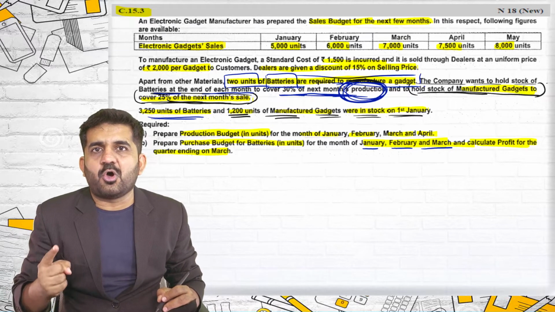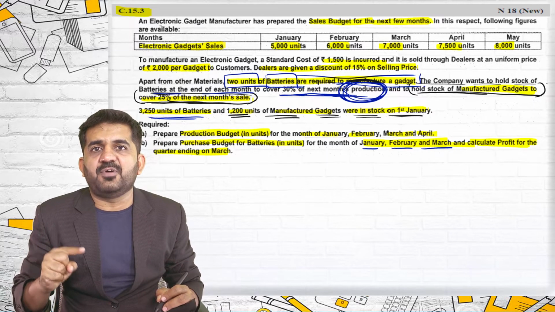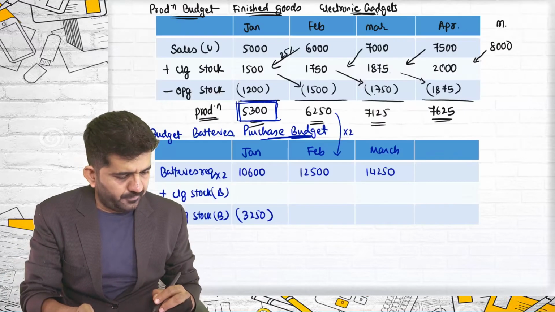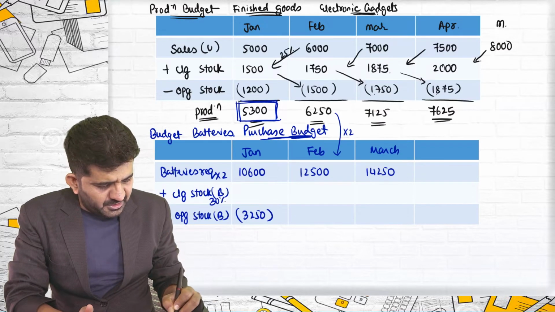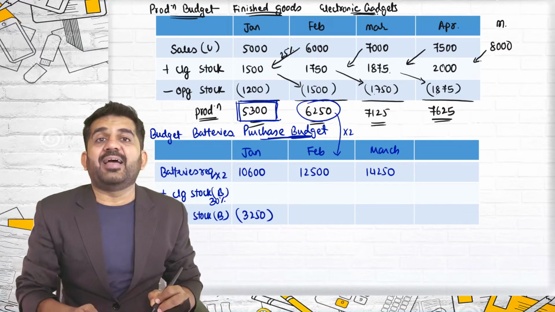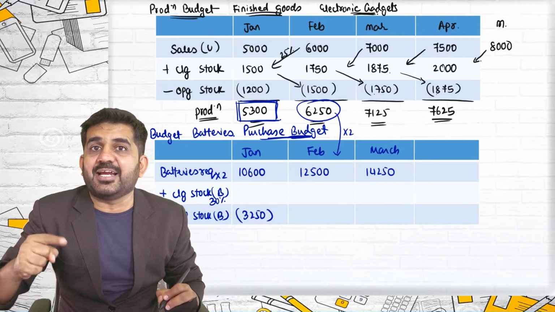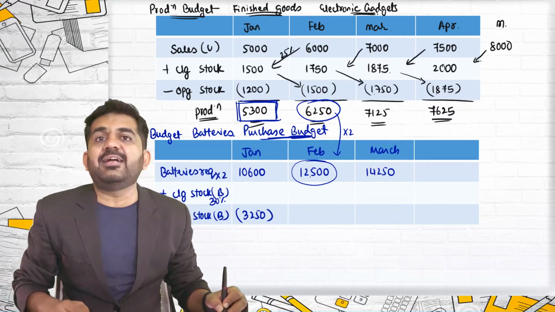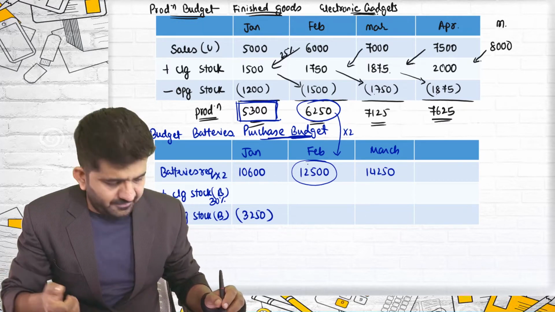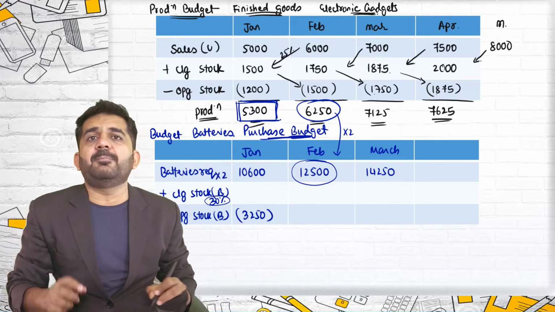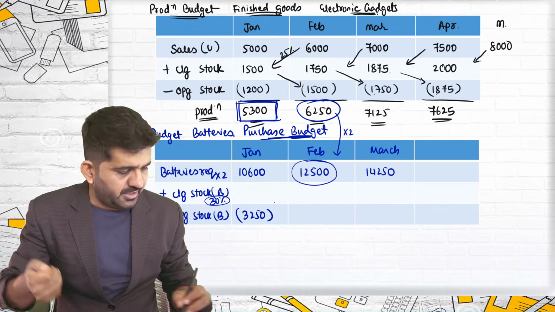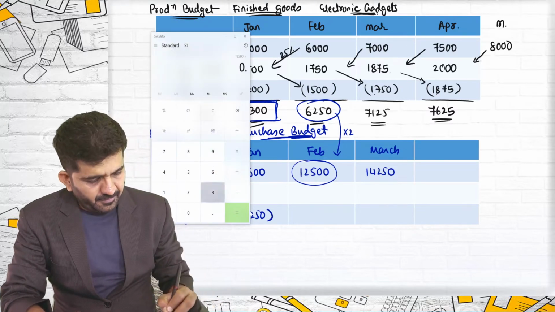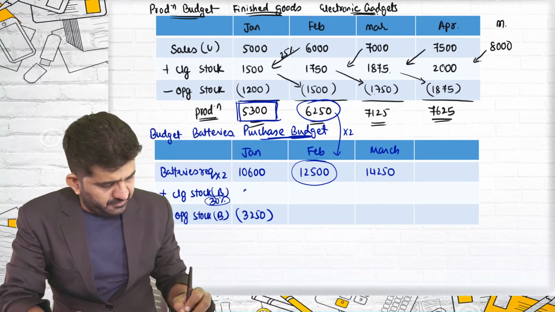So closing stock will be 30% of next month's batteries requirement. In next month, I will require 12,500 batteries and I will keep 30% as closing stock in January. So it will be 12,500 into 30%, which is 3,750.